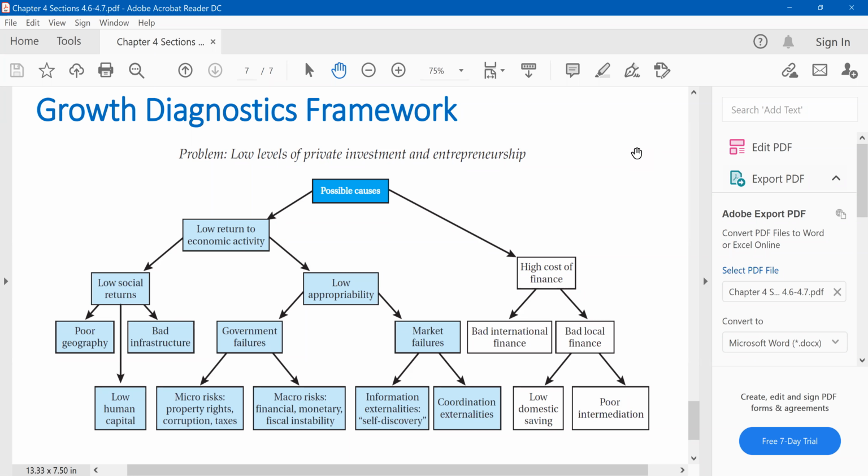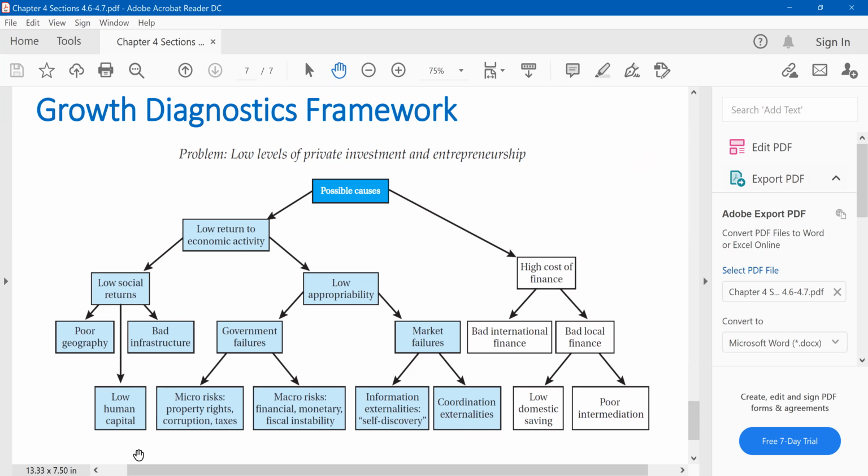So which one? Look at the last row, the row at the bottom. According to this framework in the textbook, these are the root causes, right?